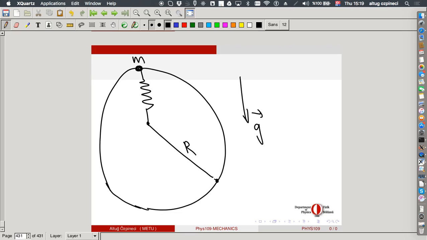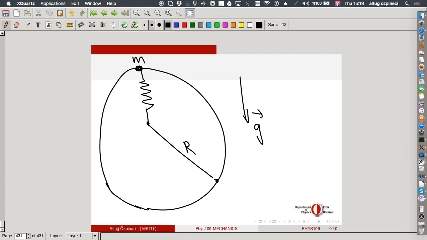Now the motion will get complicated, and I cannot say what its shape will be. But the basic thing that you have to do is, at some point over here, ask what its speed will be, and if its speed is a given number, then what should be the length of the spring? That you should study. You can find the length of the spring as a function of the angle it makes.